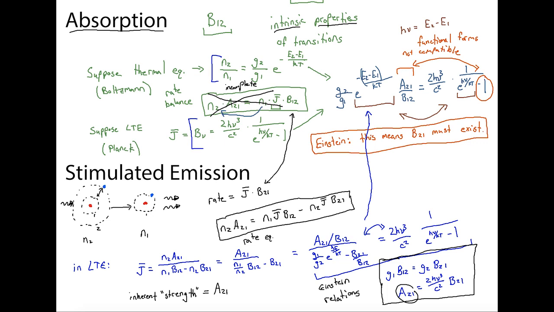It's the A21. If you have a high A21, you have a high B21 and B12, which means that you very easily absorb and re-emit photons. And it also means that you decay faster out of an excited state spontaneously. So strong transitions, ones in which you can absorb photons very easily, are also inherently less stable transitions.